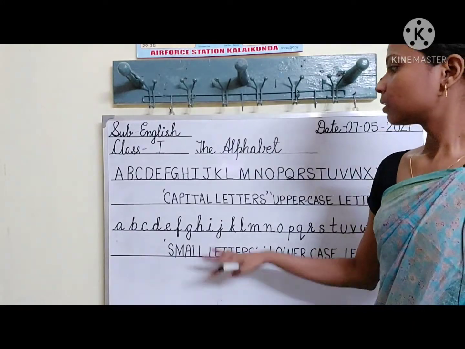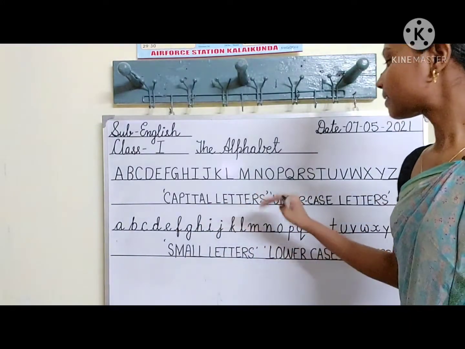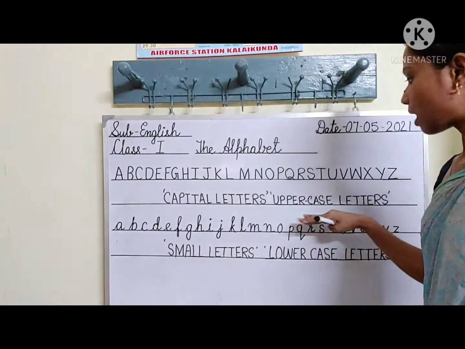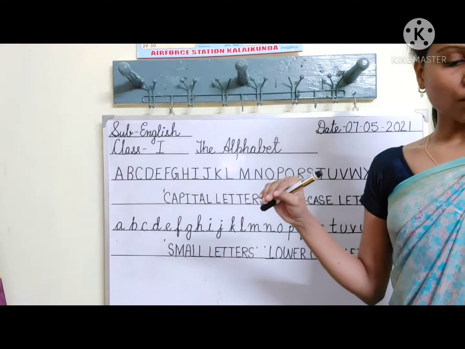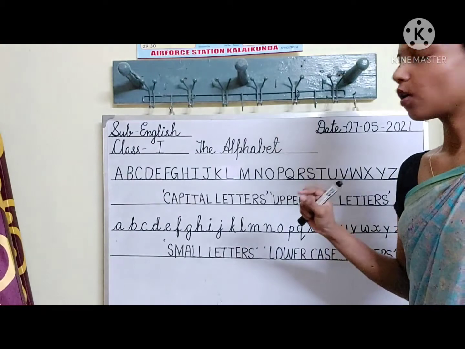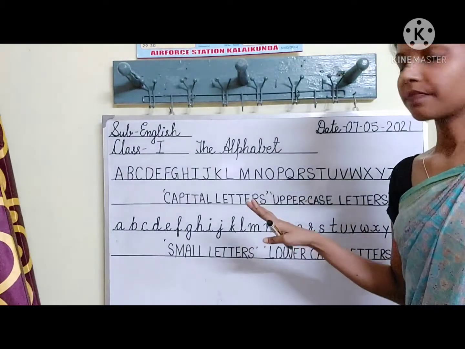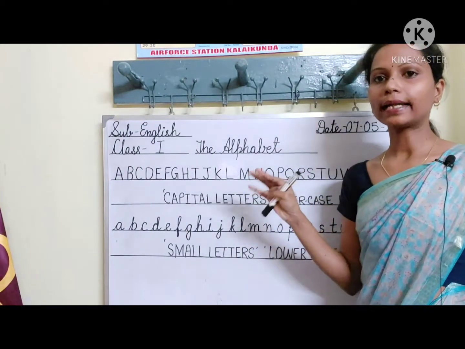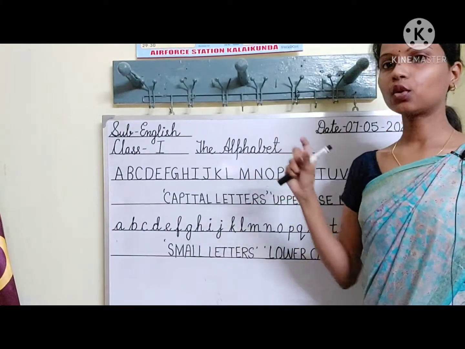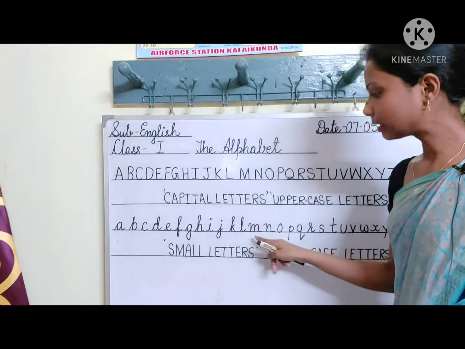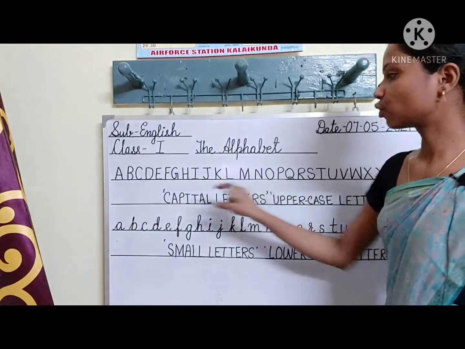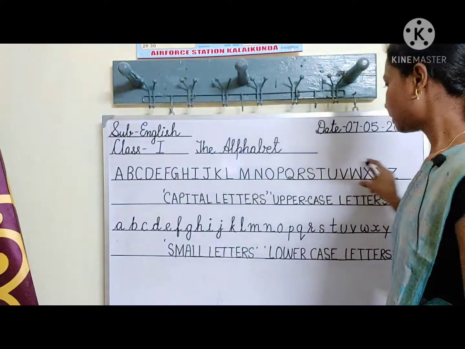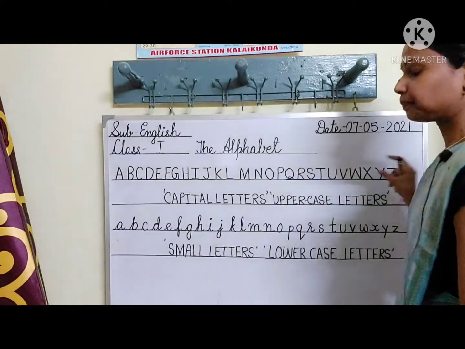Capital letters are also known as uppercase letters, block letters or simply capitals. If the question asks to write the capital letters A to Z, you will write the capital letters A to Z.